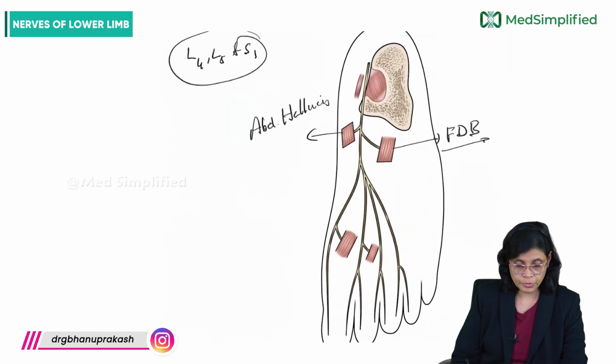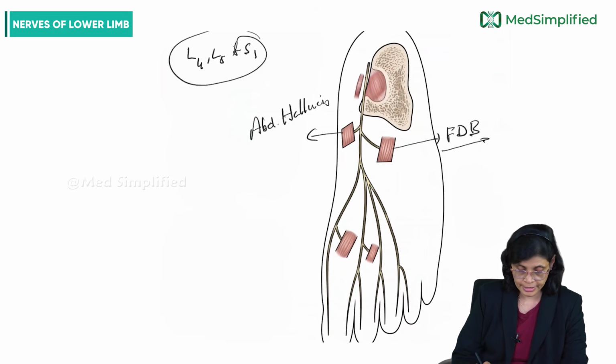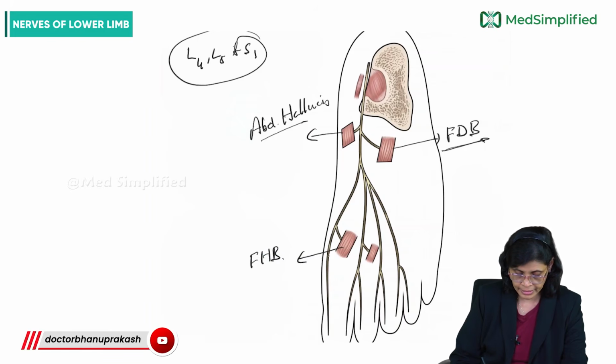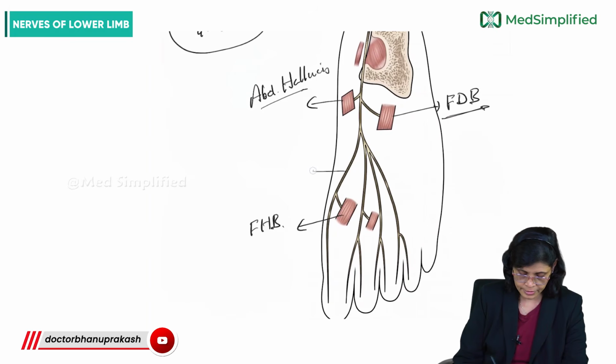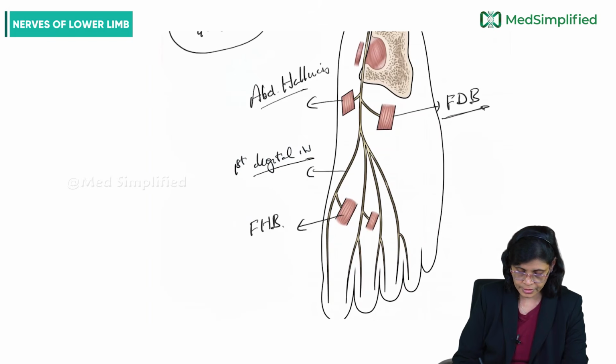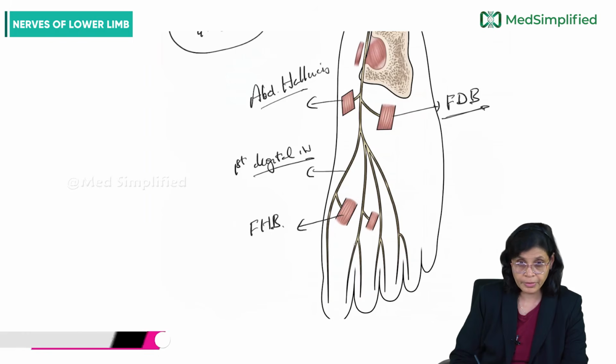Now the branches and distribution. The muscular branches are given to the abductor hallucis and the flexor digitorum brevis, so the main trunk supplies these two muscles as it passes between them. The flexor hallucis brevis is supplied by the first digital nerve, which also supplies the medial aspect of the big toe.